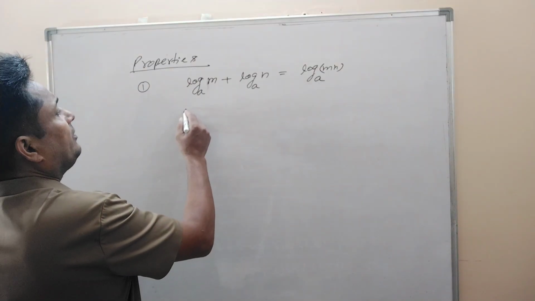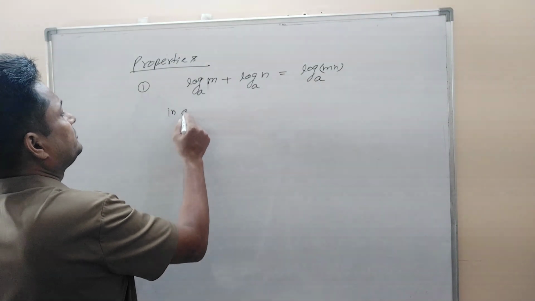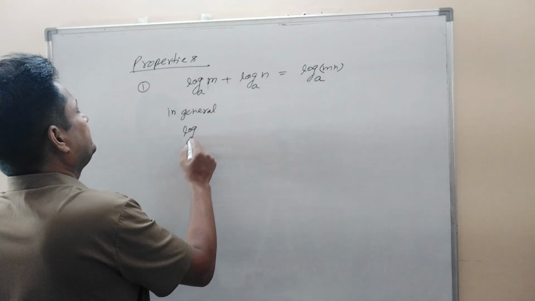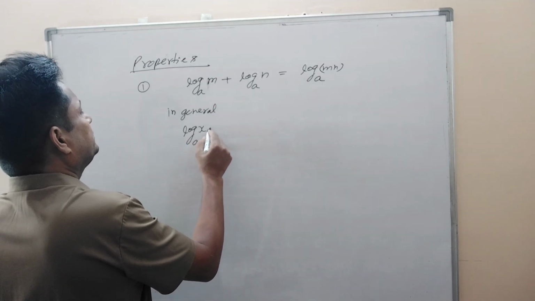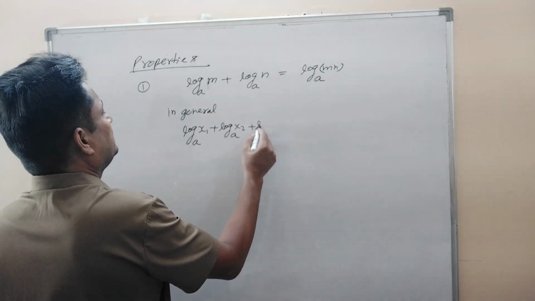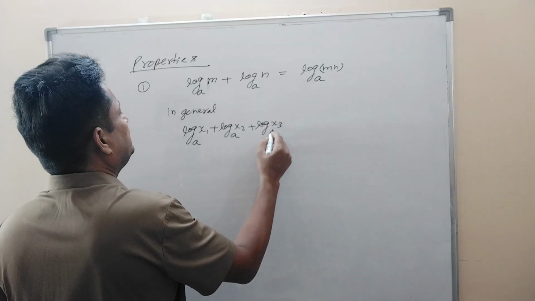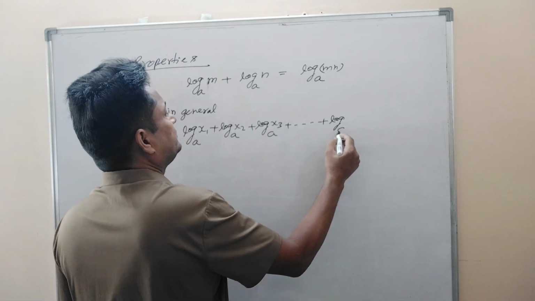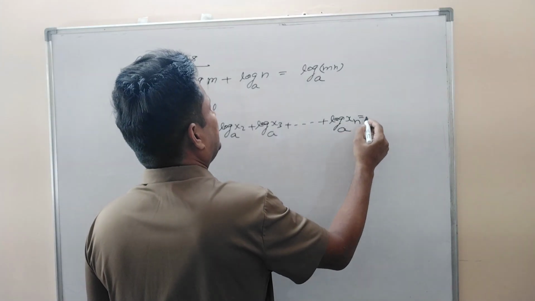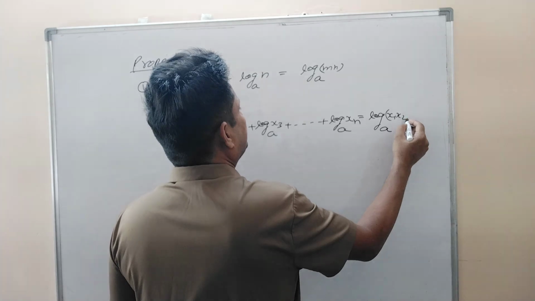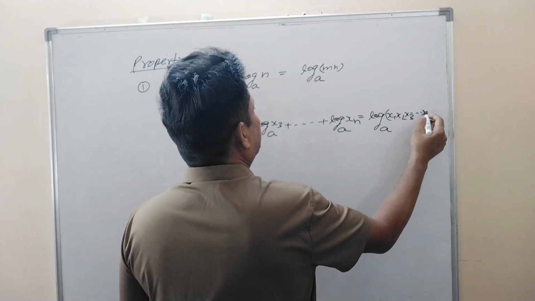Now, in general, log of x1 plus log of x2 plus log of x3 plus dot dot plus log of xn, in any base a, can be written as log of x1, x2, x3 dot xn in that base.